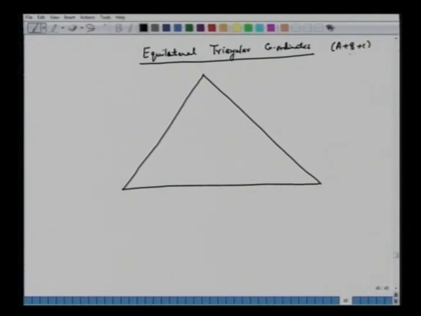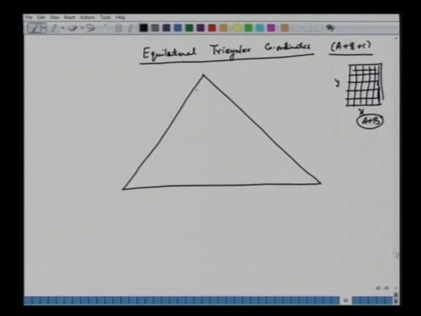The traditional coordinate system or graph which we had, X versus Y, with lines like this and vertical lines like this, will not work, because there we had only two components A and B, but now we are talking in terms of A plus B plus C, three components. As I said earlier, you can go to your next bookstore or the internet and download this type of graph.